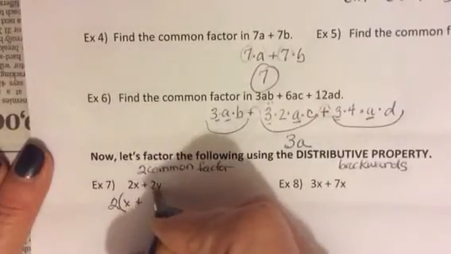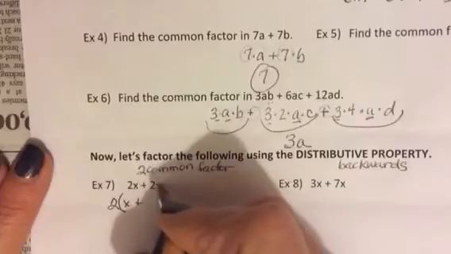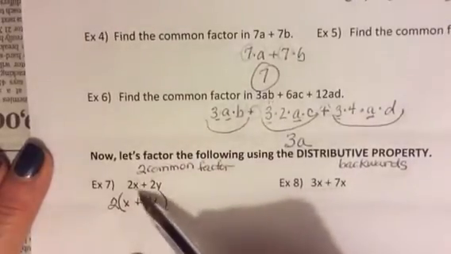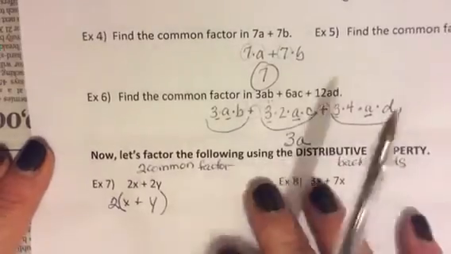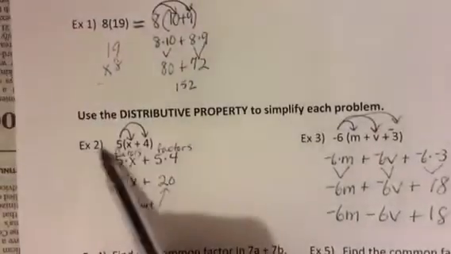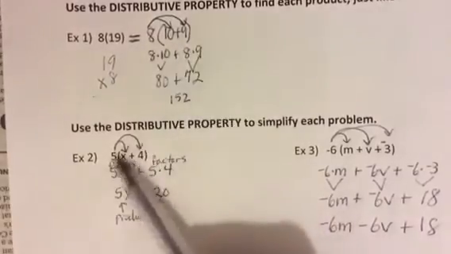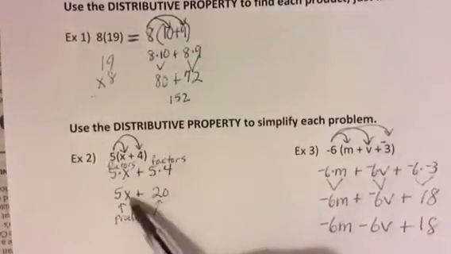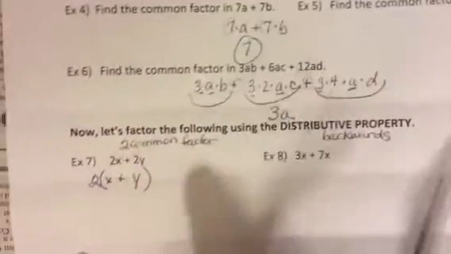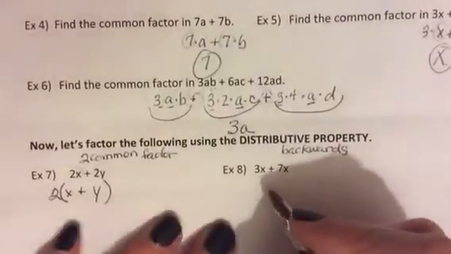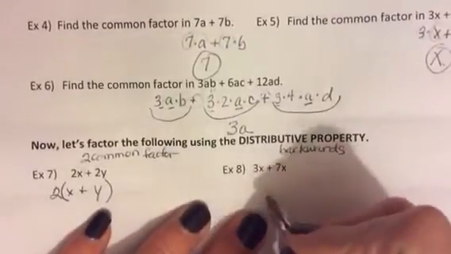Plus, now we're going to divide this 2 out of this term, and all we'll have left is y. So we're dividing the common factor back out because when we distribute, we multiply that factor in. Now we're just going backwards and dividing that common factor out. So just think of it as the distributive property in reverse.